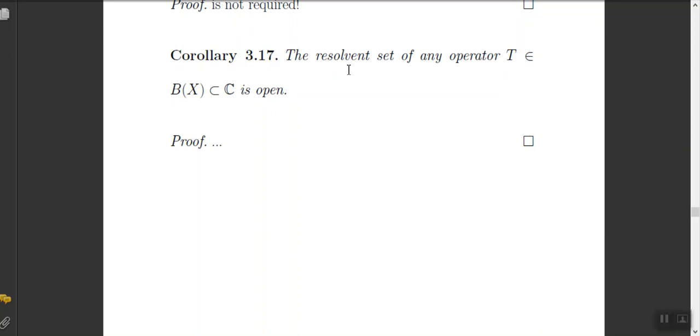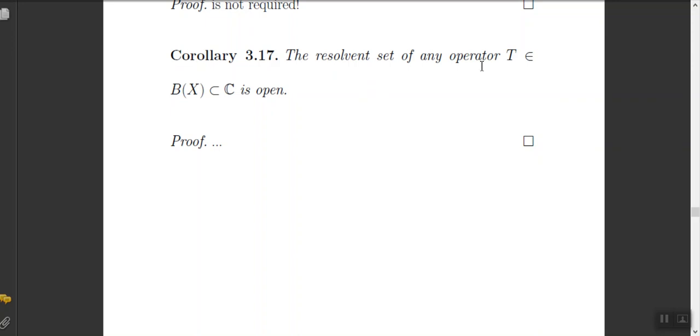I said the resolvent set of any operator T belongs to B(X), and this 'subset of C' is a typo, so you delete this. Only T belongs to B(X). So let's say T belongs to B(X), a bounded linear operator.